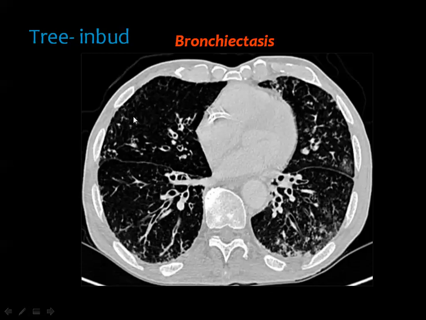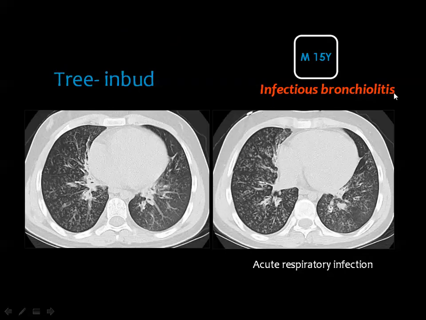And this is just a demonstration of a case of bronchiectatic changes, a cylindrical dilatation of the bronchi, together with, you see, these many tree-in-bud appearances, which indicate transbronchial spread of the infection. And this is a case of infective bronchiolitis, where you can easily appreciate the classic appearance of tree-in-bud opacities.